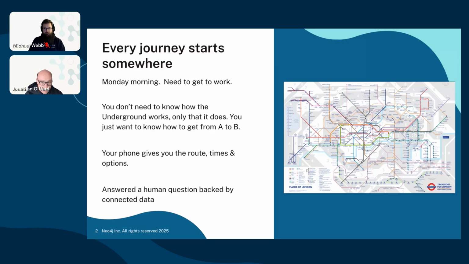In this case, we could be using the London Underground. And you don't really care about how, in this case, the London Underground works, only that it does. You just want to get to work or wherever you may be going. And what you're doing there really is asking a very human question, and you're getting an answer which is backed by data.